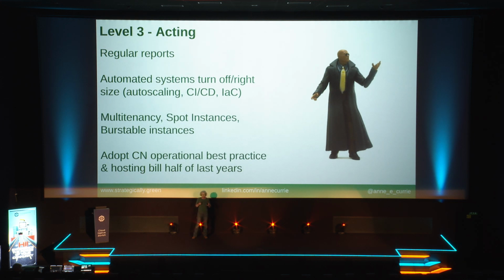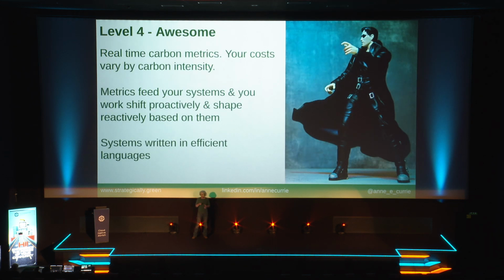It is really good operational competence, and you're no longer reliant on that manual 6-monthly or 12-monthly process. If you're in the cloud, there are lots of tools to help you do it, like multi-tenancy tools, spot instances, using the right instance types, burstable instances, serverless. So everybody in this room can benefit from that.